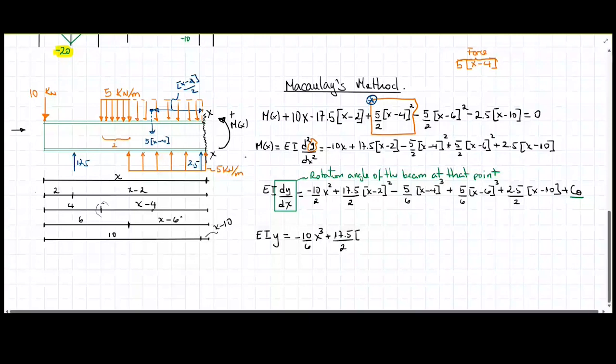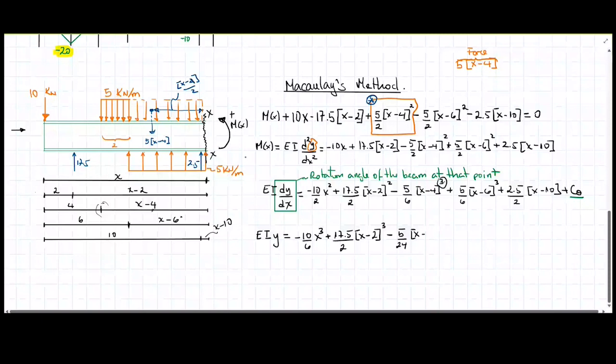This term here is going to be raised to the power of 4, and then that 4 is going to multiply this 6, and then this is going to make 5 divided by 24, x minus 4 to the power of 4. The same is going to happen in this other term, minus 6 to the power of 4.